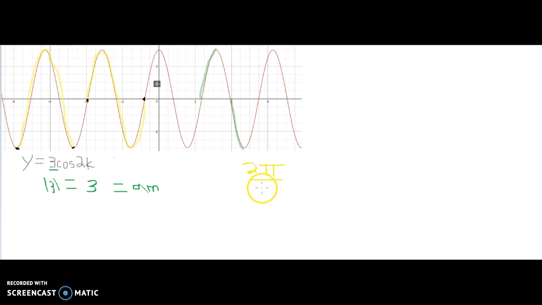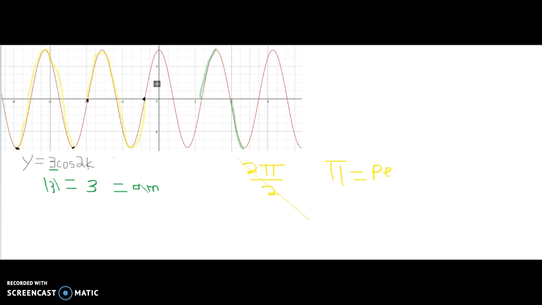So 2 pi over 2, which actually cancels out like that. So you just get pi, right? That's it. Your period is equal to pi. Period, I'm just going to do PE for short.